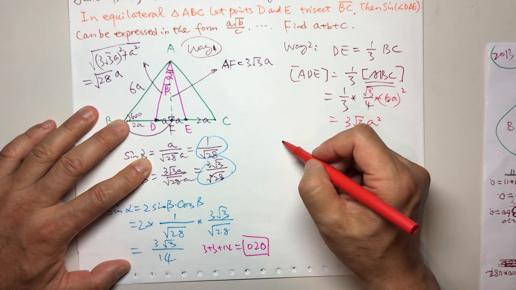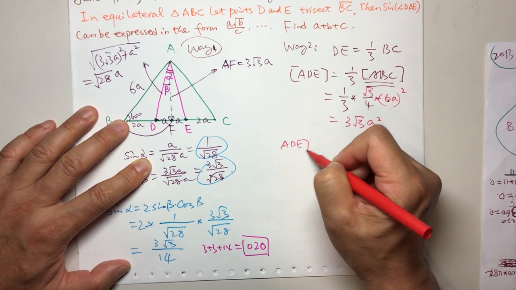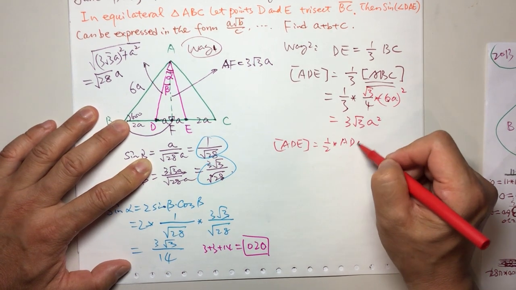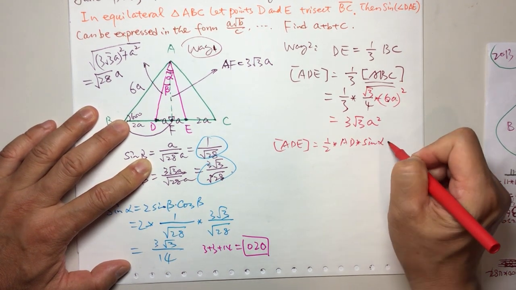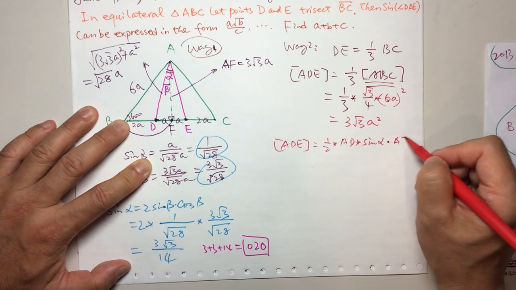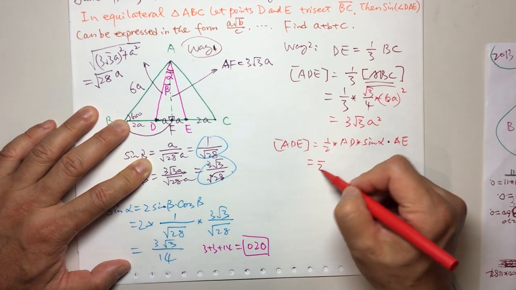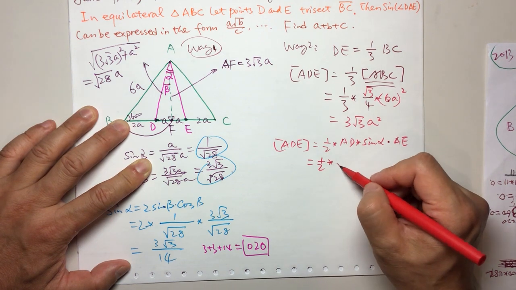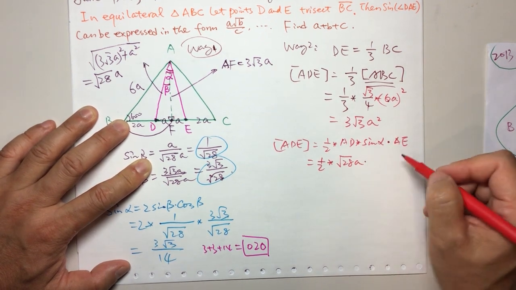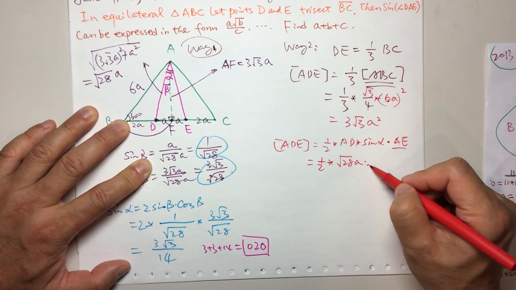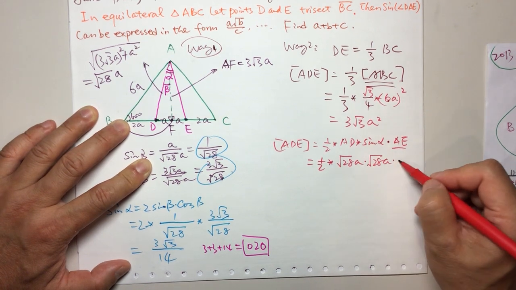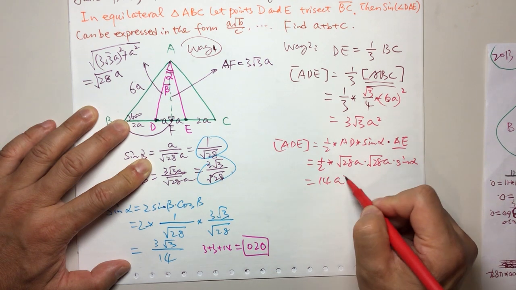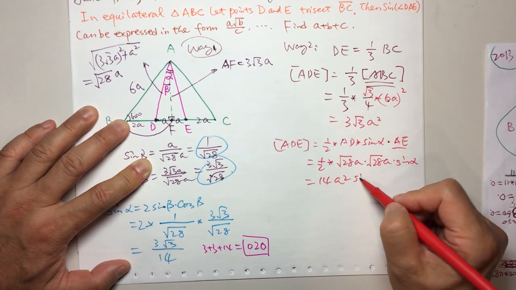We can also use the area of ADE as 1/2 times AD times AE times sine alpha. We know AD is square root of 28a, and AE is the same, so 1/2 times 28a squared times sine alpha is 14a squared sine alpha.